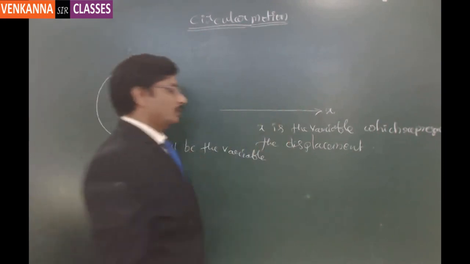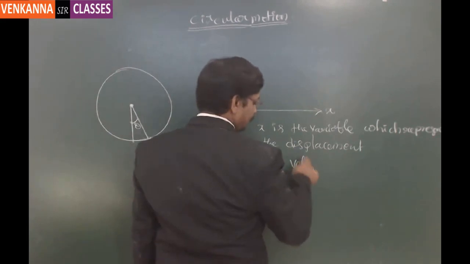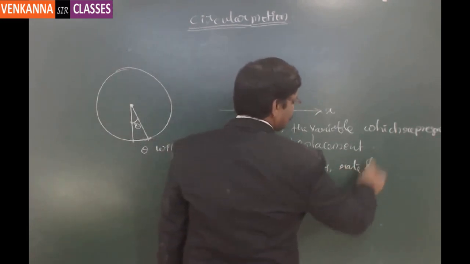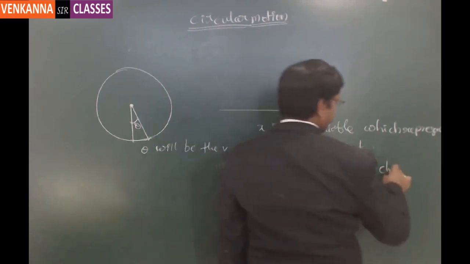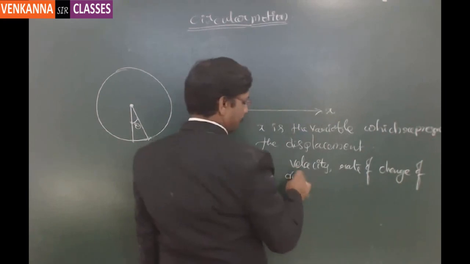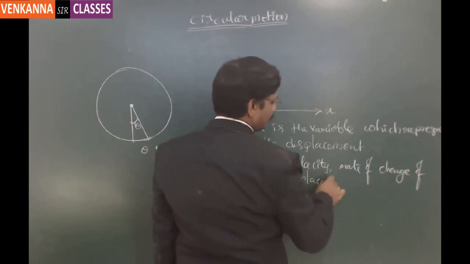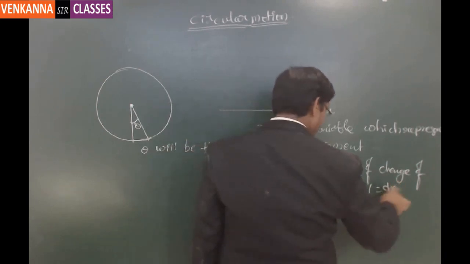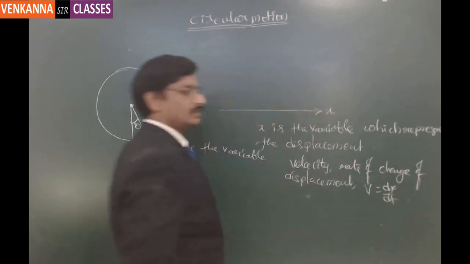Now we have defined velocity as the rate of change of displacement, that is, v is equal to dx by dt. This is the velocity.